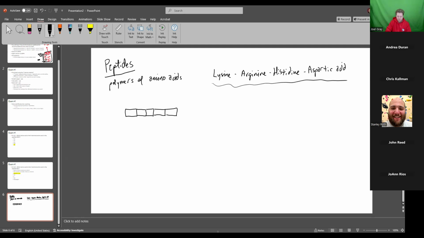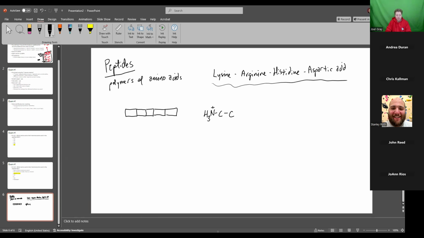Now, there's a connection between this and how we've talked about functional groups. So, what does a lysine amino acid backbone look like? It looks like this: N, C, C. This N is going to be NH3 plus.